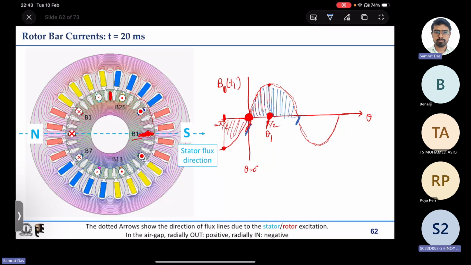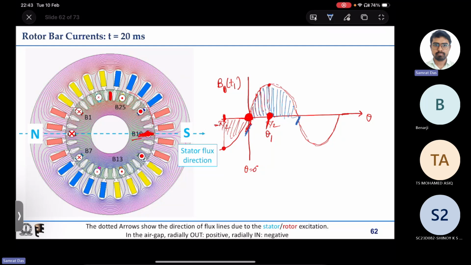But suppose a conductor, say B19, is at 0 degree at t1 equal to 0. Now if you do the same thing, say Bt2 with theta at a different instant, it will rotate by some angle because it is a rotating field. So the sinusoid that you will have will shift by some angle, right?